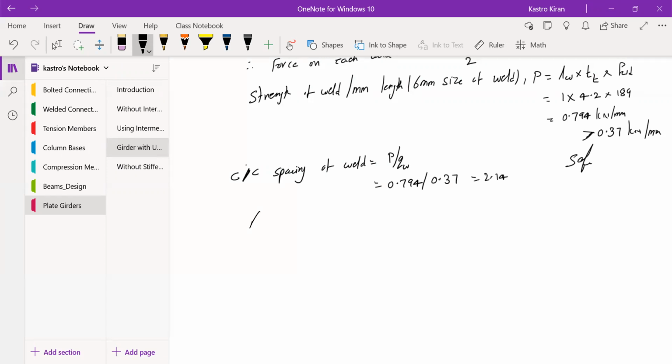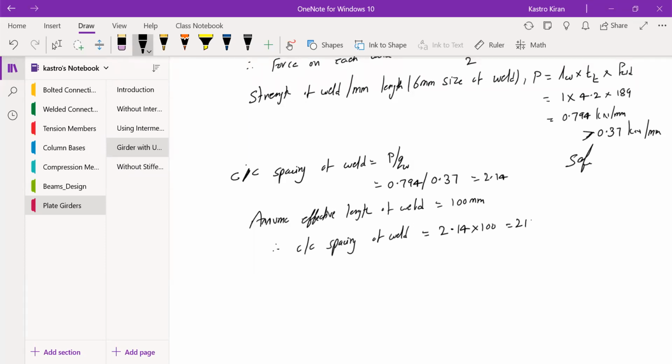Okay, so as in the previous step, I am assuming the effective length of weld equals 100 mm. Therefore, center to center spacing of weld equals 2.14 times 100.